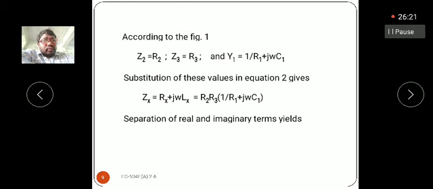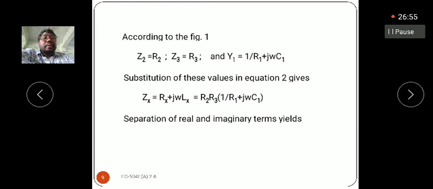Cross multiplying the equation, we observe the admittance Y1 is equal to 1 by R1 plus j omega C1, the admittance of the first arm. Substituting all these parameters in the main equation, we get Zx is equal to Rx plus j omega Lx is equal to R2 R3 into 1 by R1 plus j omega C1.